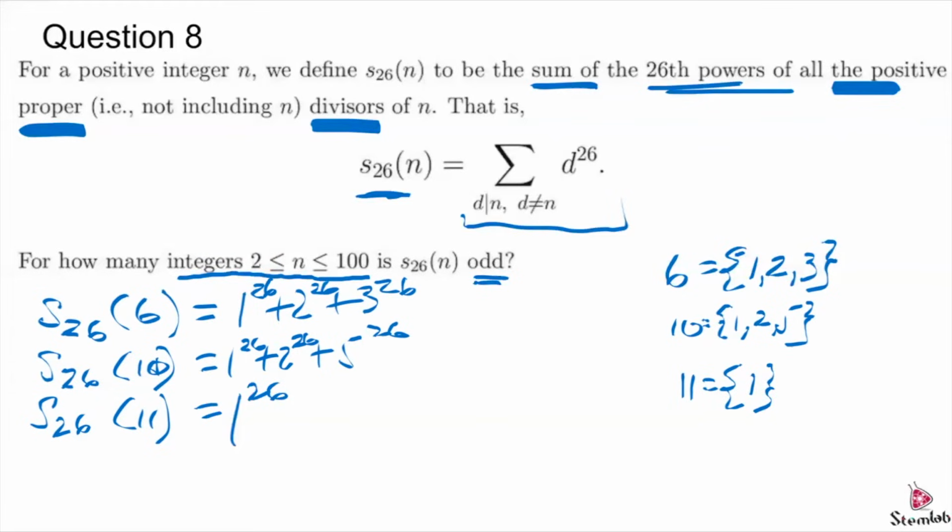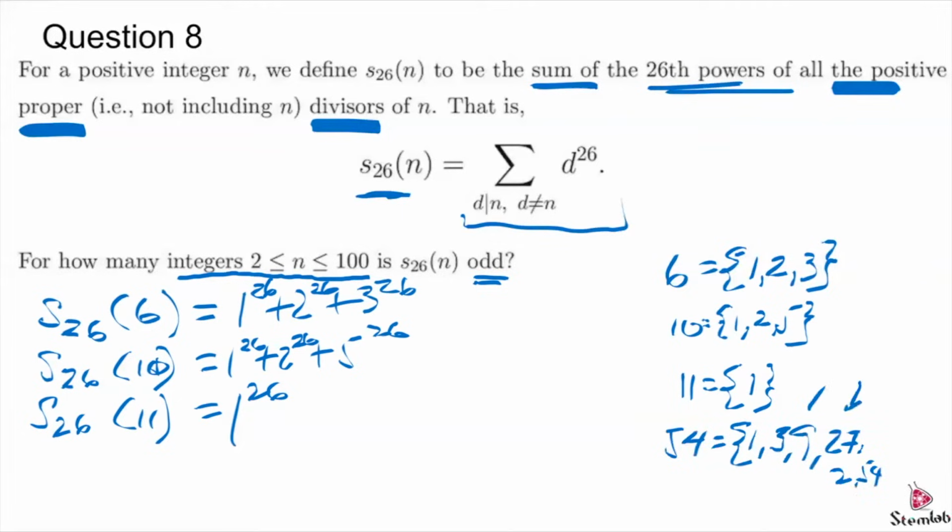For example, a number like 54 has proper divisors 1, 2, 3, 6, 9, 18, and 27. Among those, the odd ones are 1, 3, 9, and 27.